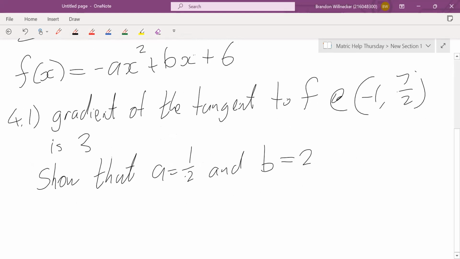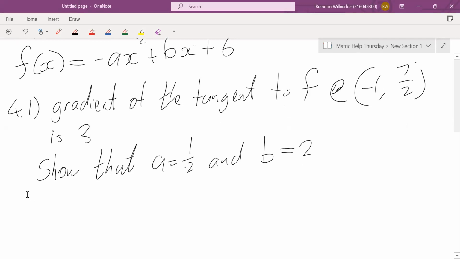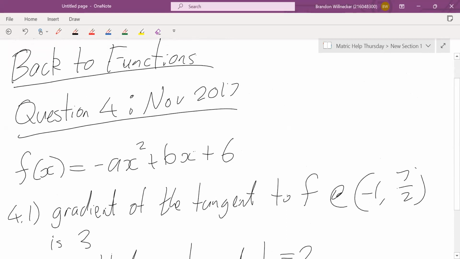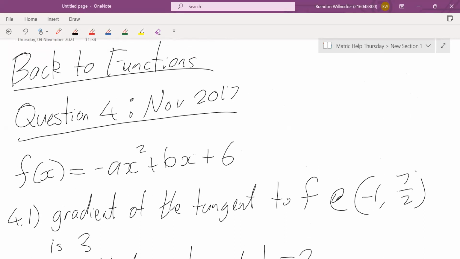Okay, so let's go through this one. So how do we find the gradient of the tangent? So we take the derivative. Derive. Yes, that's right. So let's write down f again. Sorry, I made a mistake here. This is not 2017.